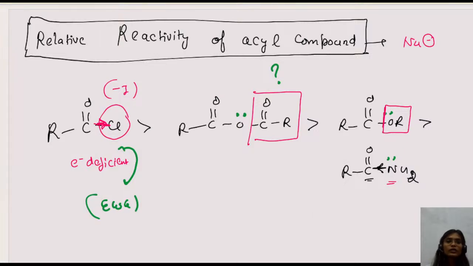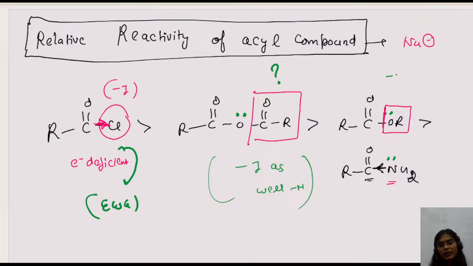Okay then, listen to my point: this is an OCOR group. So this one has a minus I effect, as well as minus M, right? See your group.